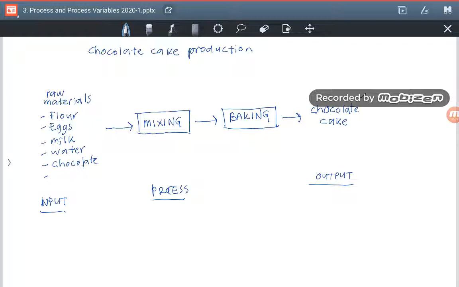For mixing, what are the process variables that might be included? It might include, let's say, speed of the mixing. Normally we put it in RPM, rotation per minute. Maybe time, how long you want to mix your batter, your ingredient, or maybe concentration.